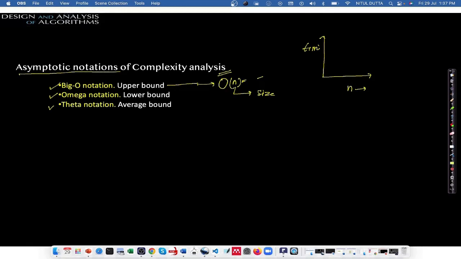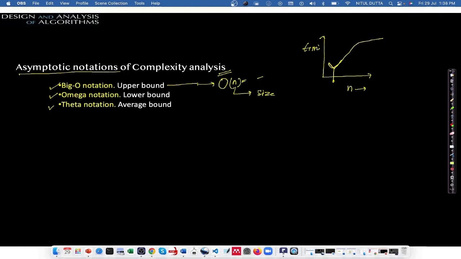However, in certain cases, we notice that for certain values of n, the time goes down, but all of a sudden, after a certain value of n, the graph starts growing like this.